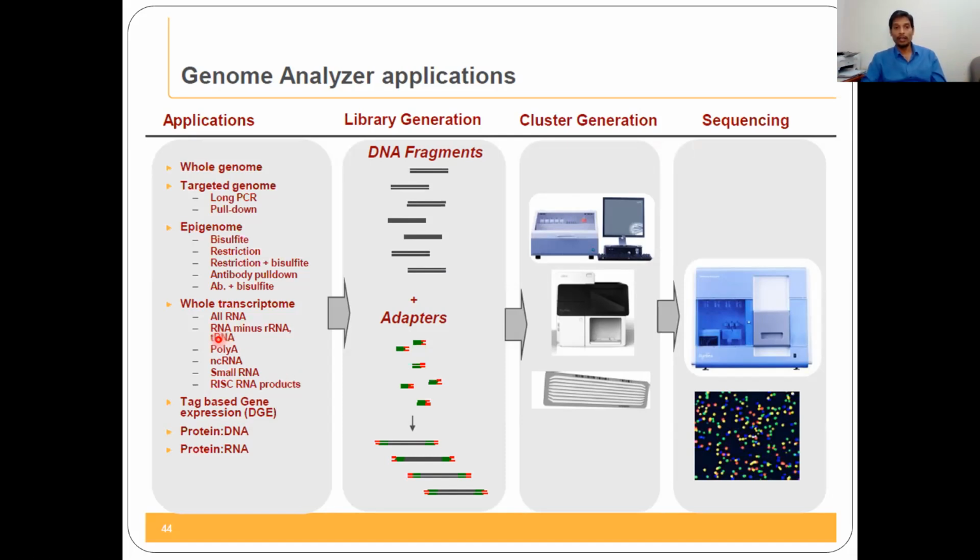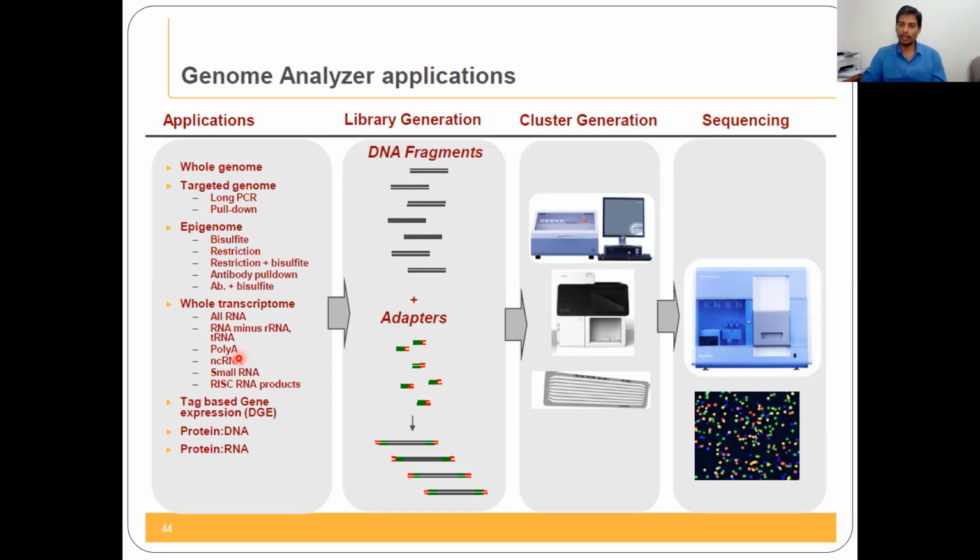That is all RNA. Or you can take only some RNA, poly A, meaning that it is only mRNAs. mRNAs all have the polyadenylated 3' end. So you pull down only the polyadenylated sequences by pulling with oligo dT.